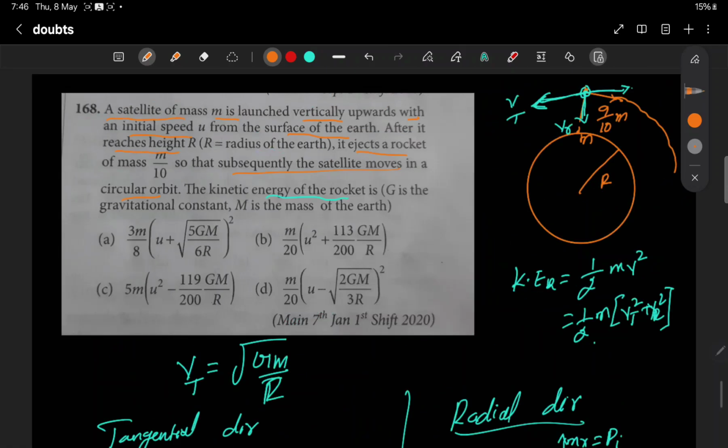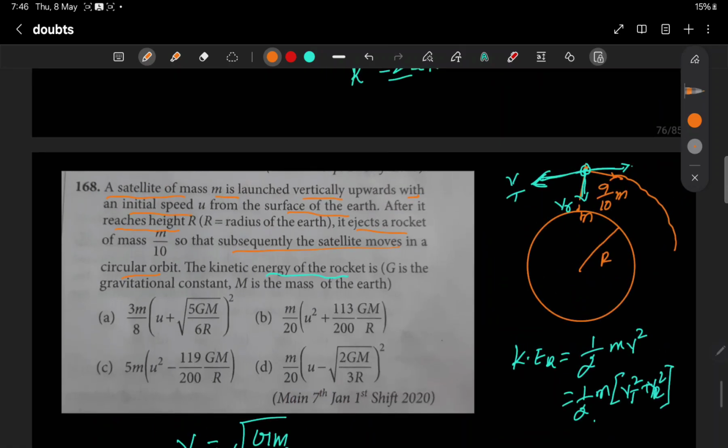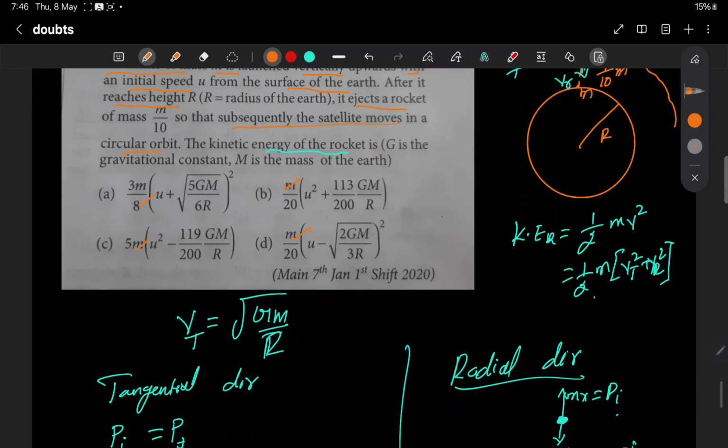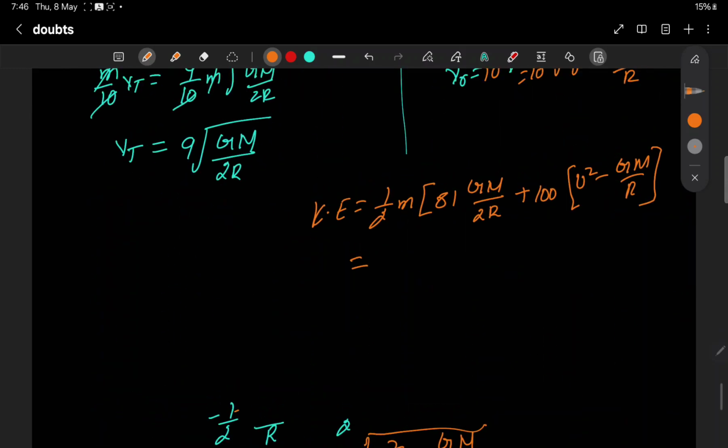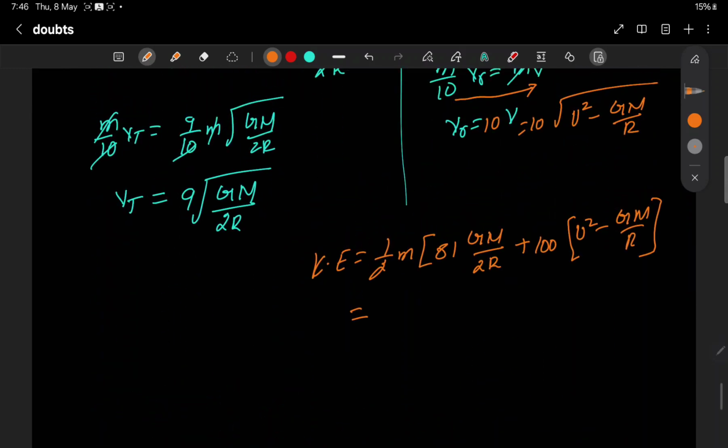We can see the options: 3m by 8, m by 20, or 5m or 3m. We have to reduce to this. First we can subtract this. Multiply everything and we can check what we are getting.